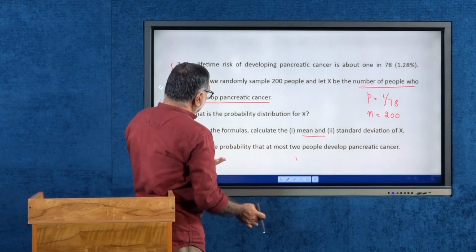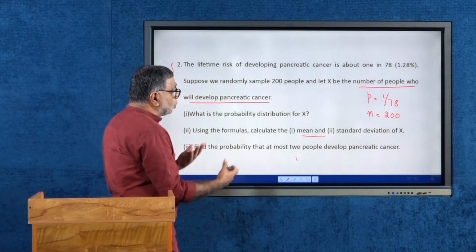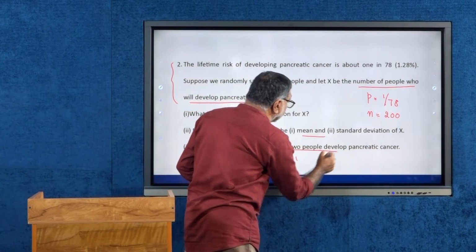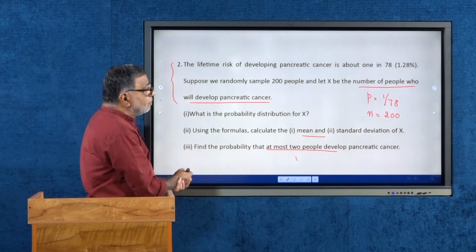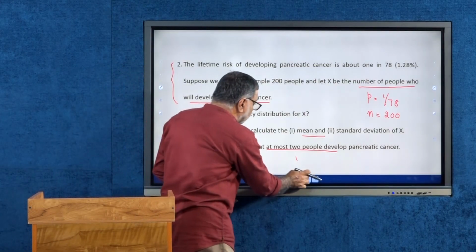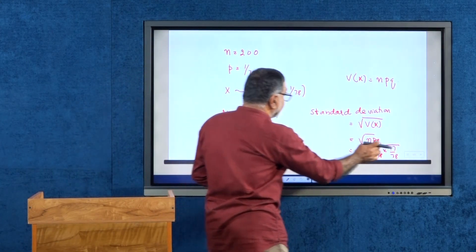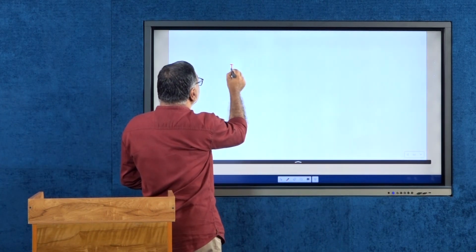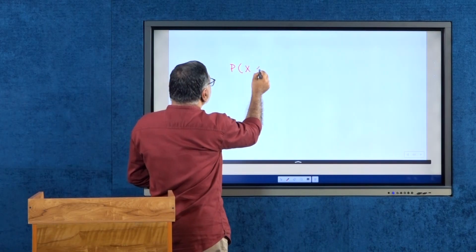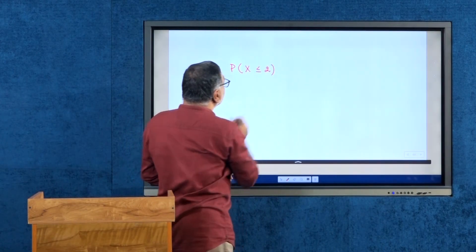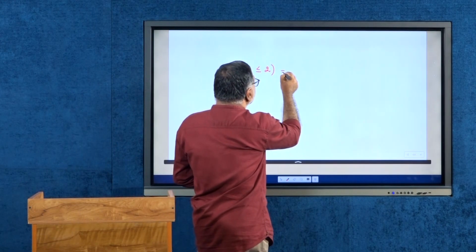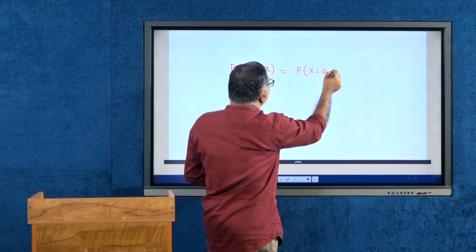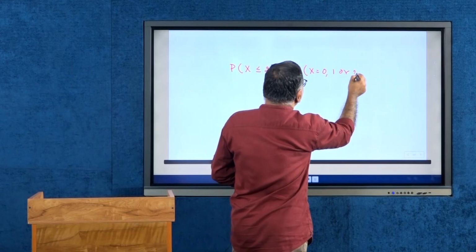And find the probability that at most 2 people develop pancreatic cancer. This is another question. That also is available from this expression. At most 2 people means x less than or equal to 2. So, the probability of x less than or equal to 2 means probability of x is equal to 0, 1 or 2.